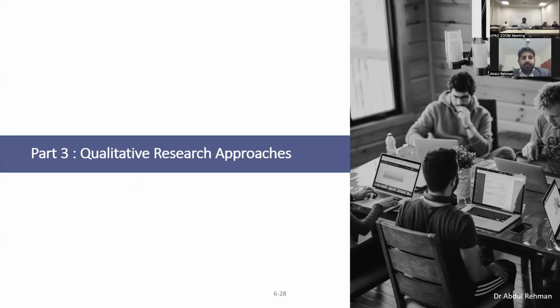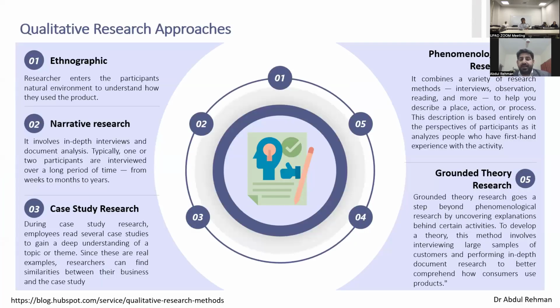So till now we understand what is qualitative research and what are the different stages in it. Now we decided that we will do the qualitative research. There are 5 different approaches to do qualitative research.